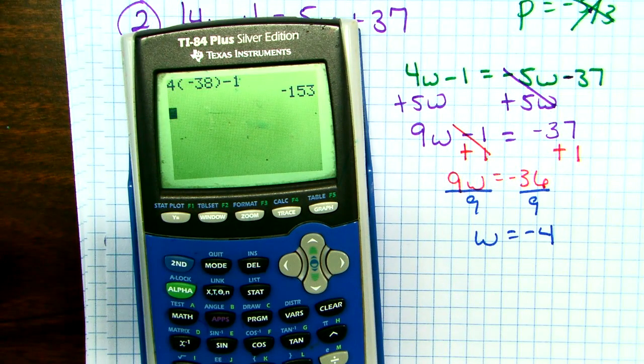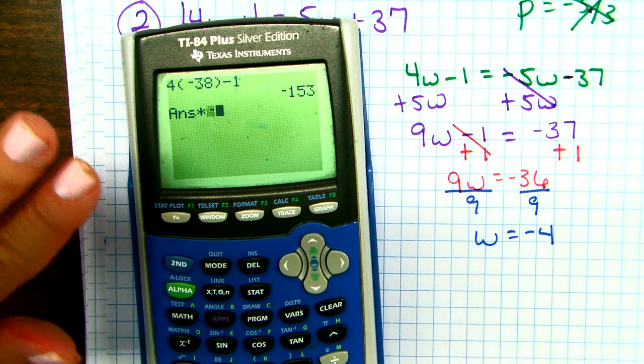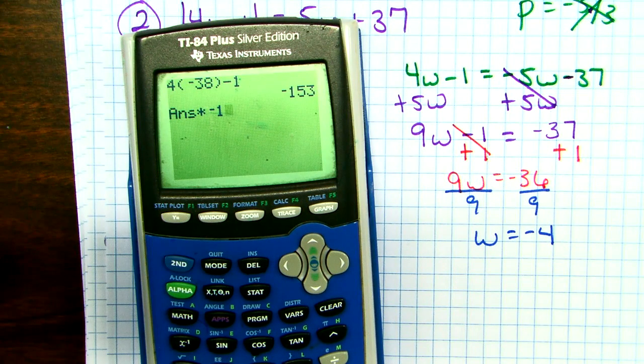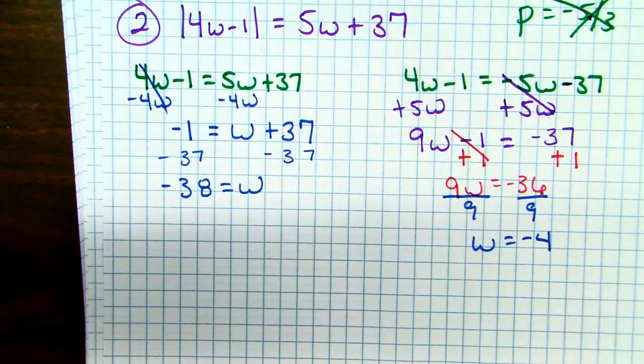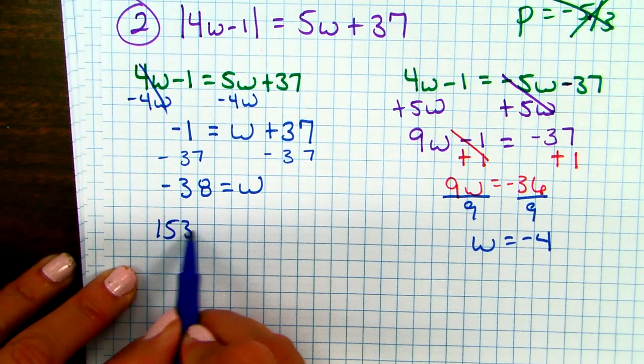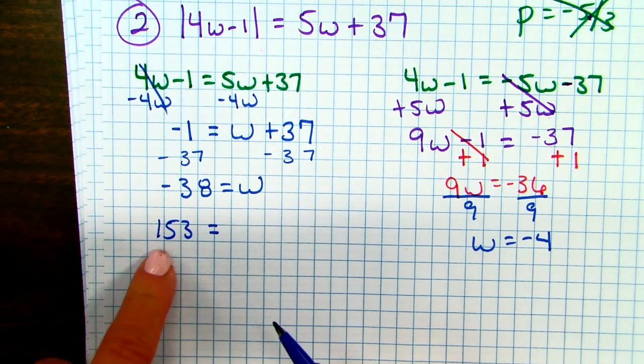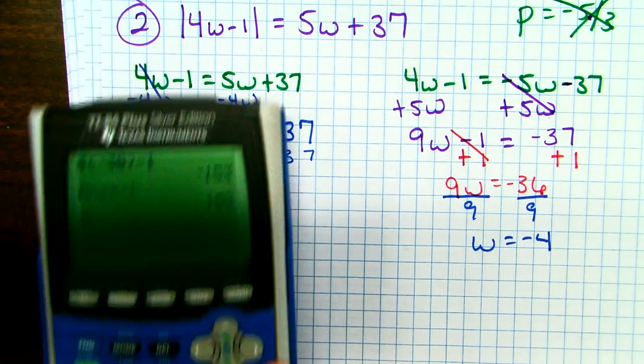But remember, it's in absolute value symbol. So it's really not negative 153, it's positive 153. You can either know that, or if you want it on your screen to read correctly, you could multiply by negative 1, which will just change its sign. So you know on the left-hand side here, it's really a positive 153, because of the absolute value.